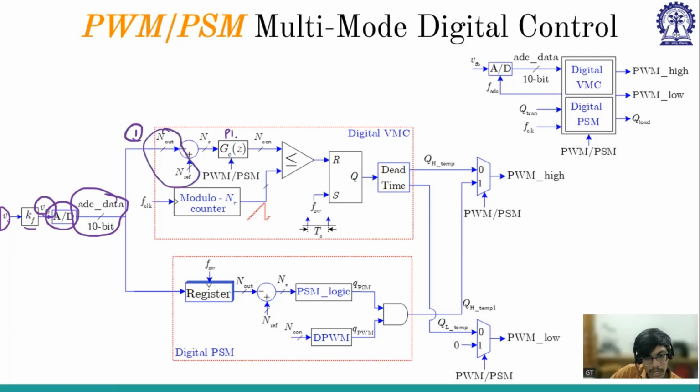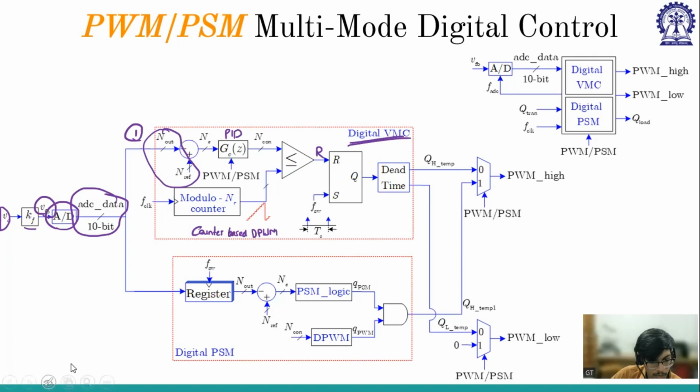Then it goes into the PID controller, generating control voltage. Then it is compared with the counter-based DPWM, generating the reset pulse. Then the set pulse comes from the switching frequency, and with the dead time, it generates the high side as well as the low side. This part will come later. So this is the digital voltage mode control.